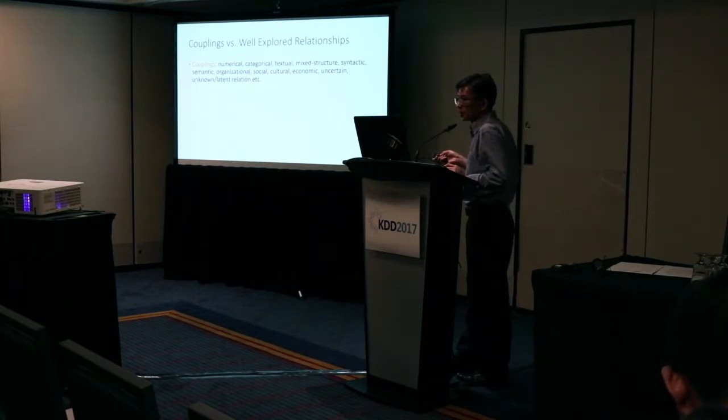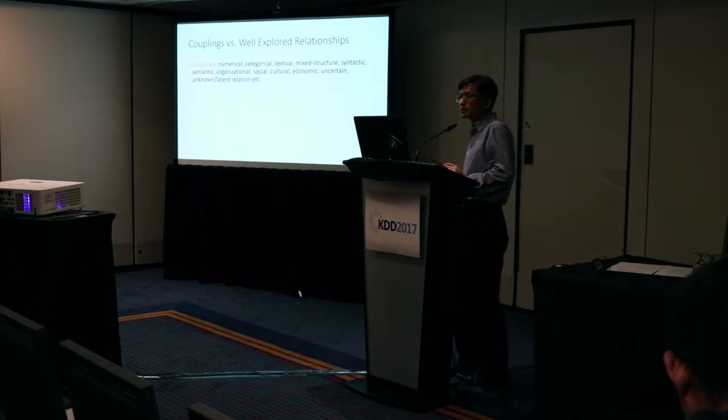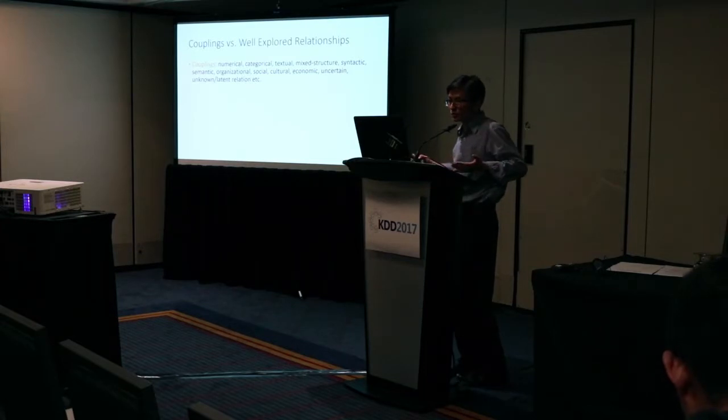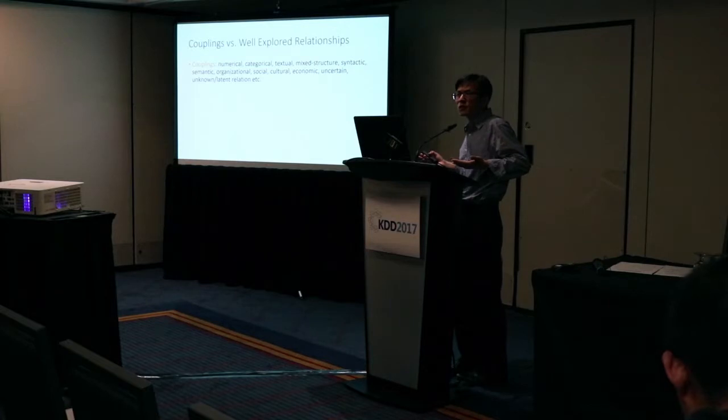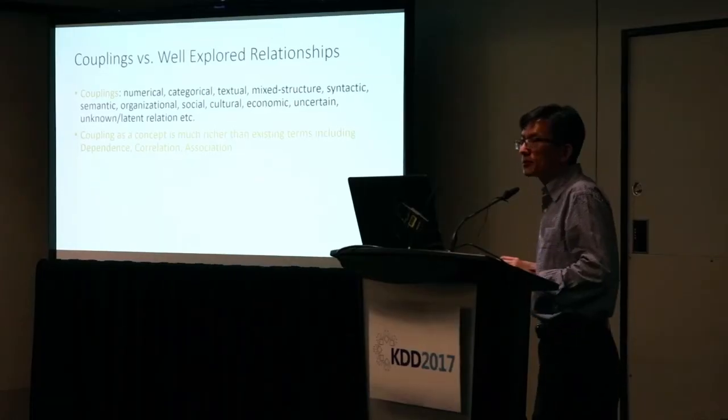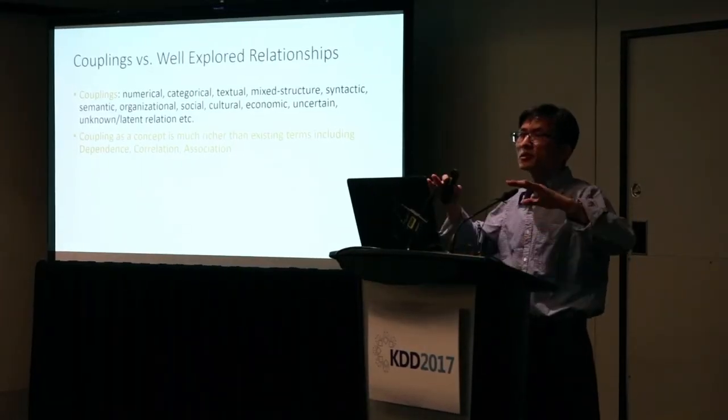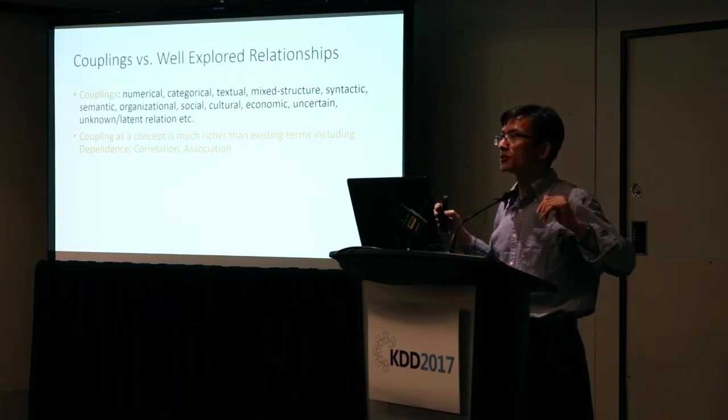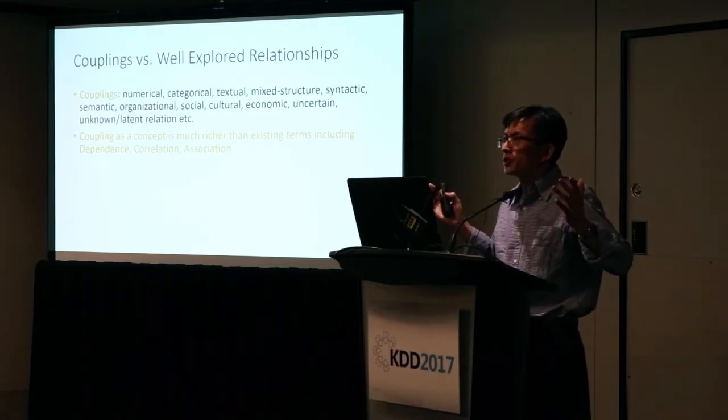So this could refer to many things. The relationship could be numerical, categorical, textual, or mixed, or syntactic, semantic. Sometimes it could be related to organizational, social, cultural, or economic relations. Sometimes it's not really clear, right? For example, when some of you sit here in this room, what are the reasons that bring you to this room?